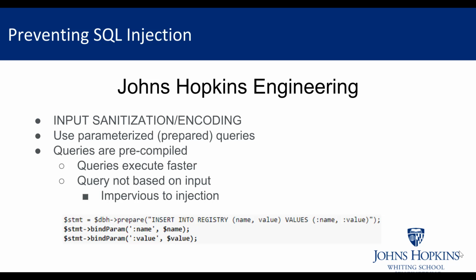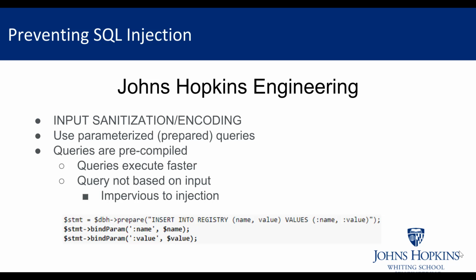And then you can see here what we're doing is binding those two parameters. So $name would be the variable that was read in from the user input, and we're taking that and assigning it to the colon name, which is the parameter to the prepared query above. And the same thing with value. $value was read in from the user. We're binding that to the colon value, and that's also going to get passed into the prepared query.